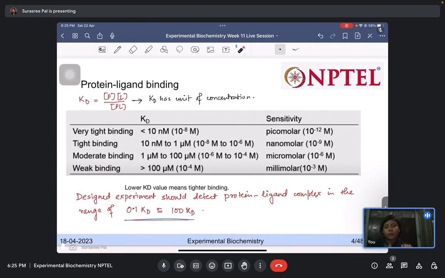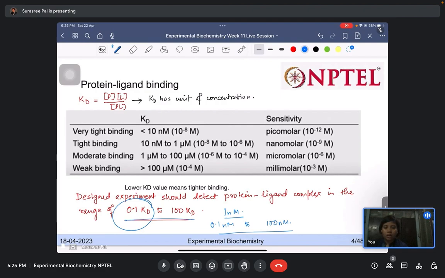Suppose our protein-ligand complex has a dissociation constant of 1 nanomolar. Then the range of sensitivity of that experiment should range from 0.1 Kd, which means 0.1 nanomolar, to 100 Kd, which means 100 nanomolar. Right? So this is the range that should be taken into consideration while designing the experiment.